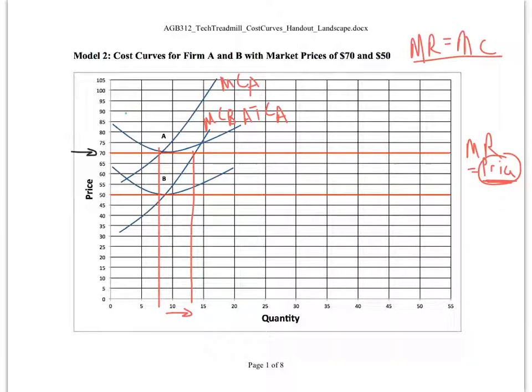This means there's no particular benefit to switching from one industry to another, because you're essentially going from a zero economic profit in one industry to a zero economic profit in another. But as soon as you have the introduction of a new technology, a disequilibrium is introduced. So firms from other industries will say, hey, I want to enter this industry where I can move from my current zero profit to a positive profit.